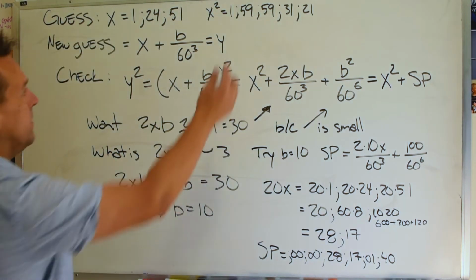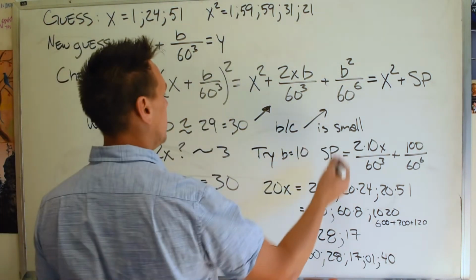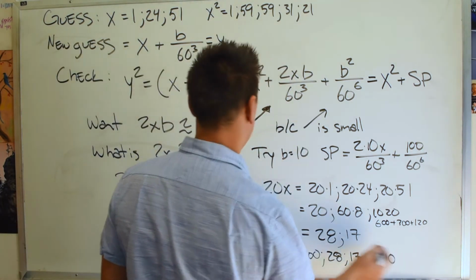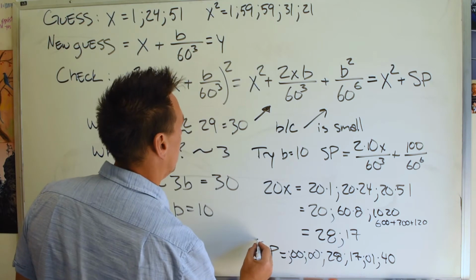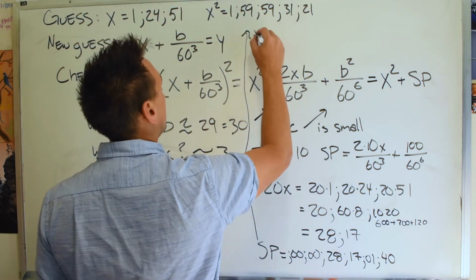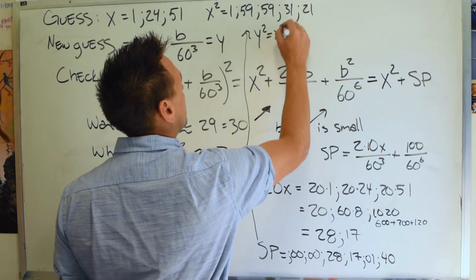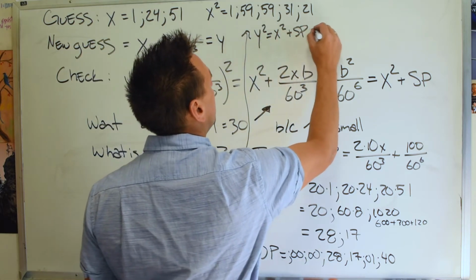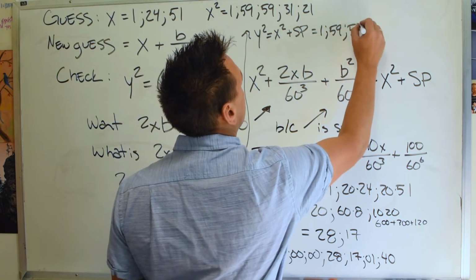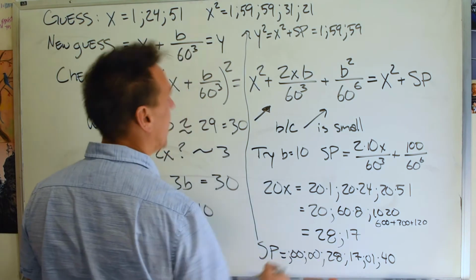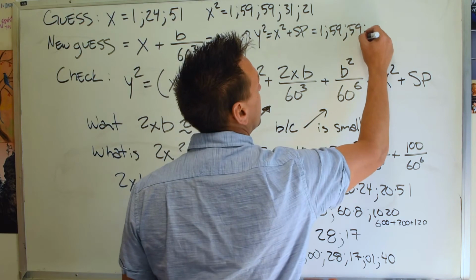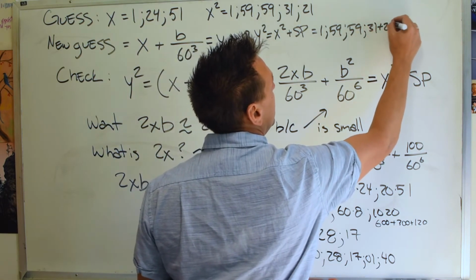All right, and then let's check out what y squared is going to be. Maybe I'll still write this up here because then it'll be at the top of the board. So, y squared is going to be x squared plus the small part, which is going to be 1, 59, 59, because the small part doesn't have anything in those first places. And then in the 3rd place, I'm going to get 31 plus 28.